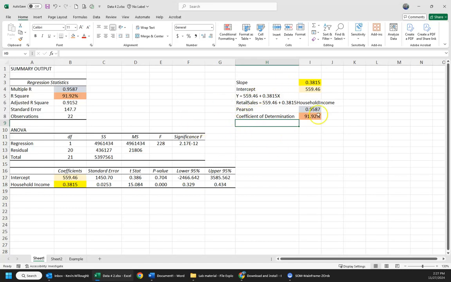What we've done so far really has no bearing or relevance if we find that there is no significant relationship between the two variables here.